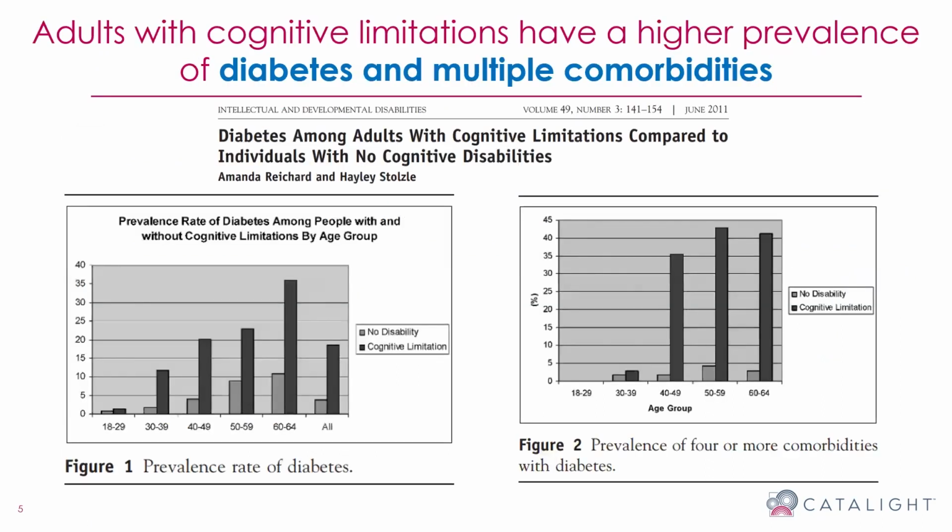Next, we look at adults with cognitive limitations, so IDD, and we know that they also have a higher incidence and prevalence of diabetes and many other comorbidities as well. When you look at hypertension, vascular disease, and stroke, there are many other comorbidities that adults with IDD have.